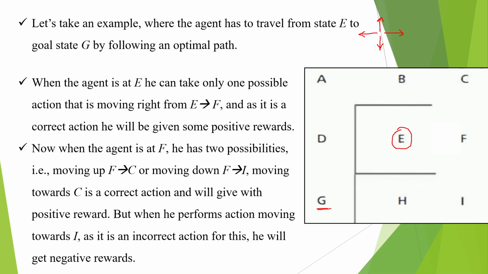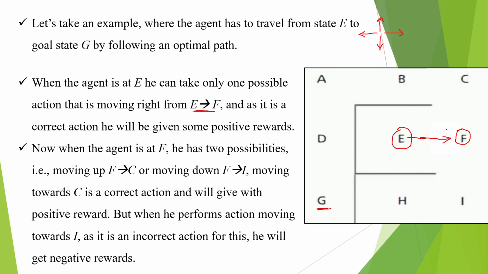Okay, when the agent is at E state, its only possible movement is from E to F. Here you can see it can move only in this direction, because this is the only possible move. So when the agent is at F, after moving from E to F, it will gain some positive rewards.